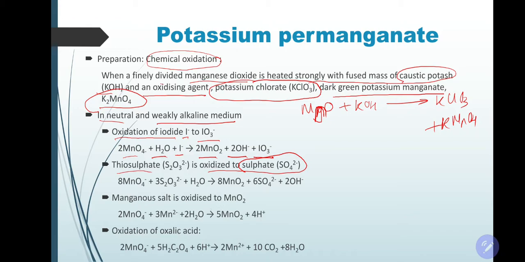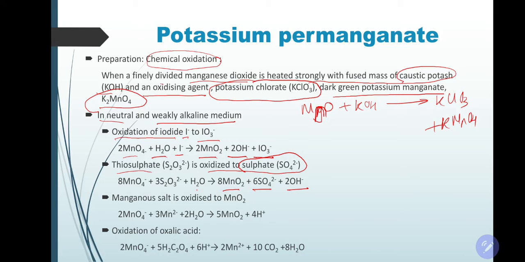It is done in presence of permanganate plus thiosulfate. In presence of water, it will give you manganese dioxide, that is MnO2, plus sulfate plus OH minus. All these reactions are carried out in neutral and weakly alkaline medium.